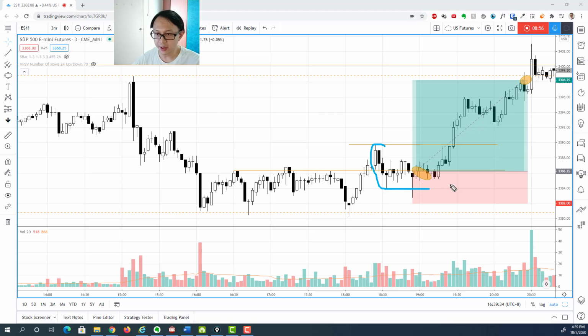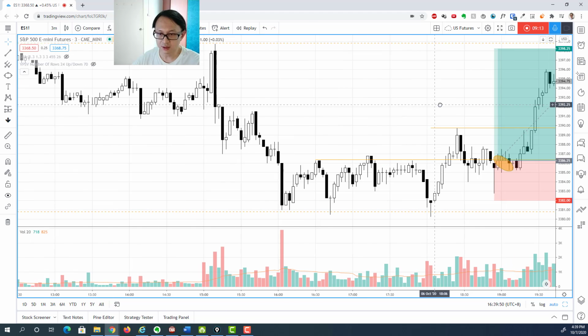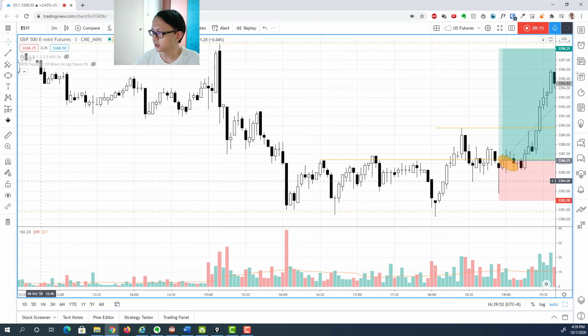So here's the pullback. Overall, on the first pullback or the first downswing here, we have seen an increase in the supply level. If we take a closer look and compare to the previous supply level, definitely the supply level is relatively high, and that makes me a bit uncomfortable.